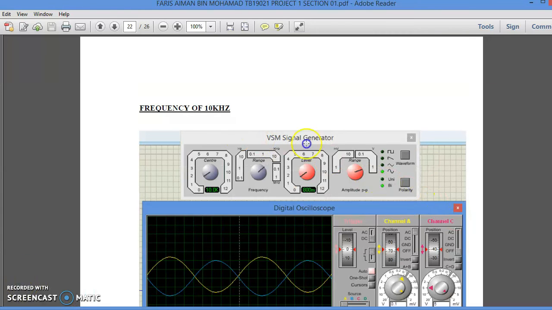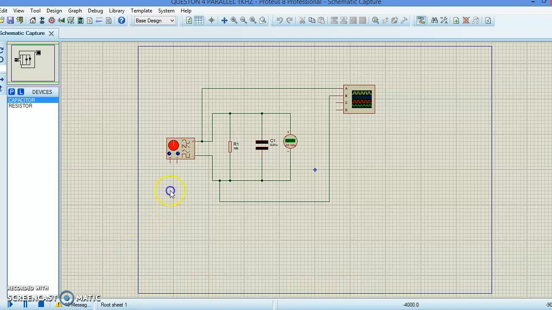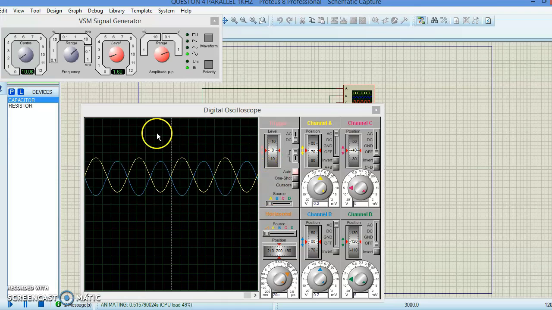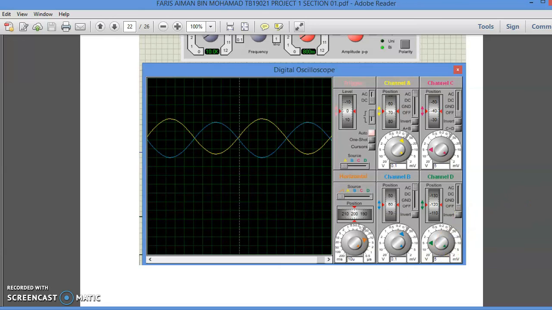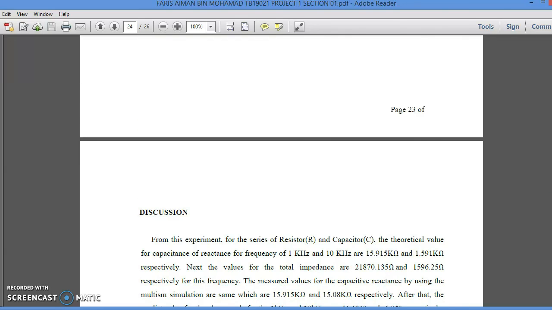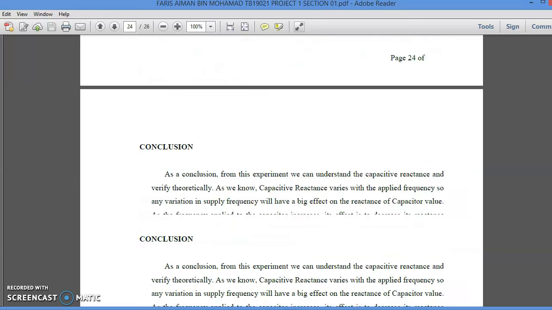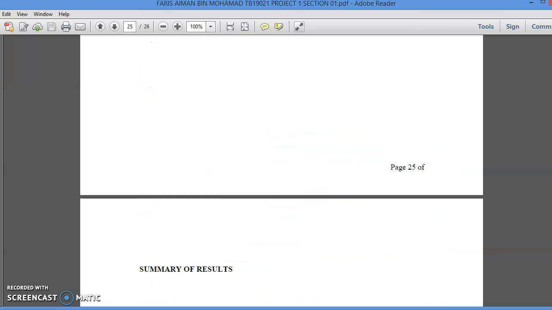For the frequency of 10 kHz, measure the voltage, circuit like this by using the frequency of 10 kHz. The graph like this, and the voltage that I get is 0.28 volts. This is a discussion and calculation.